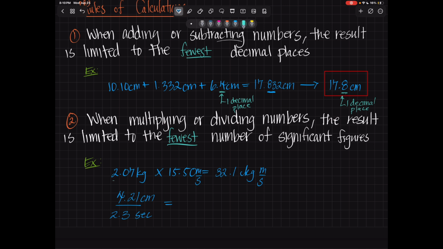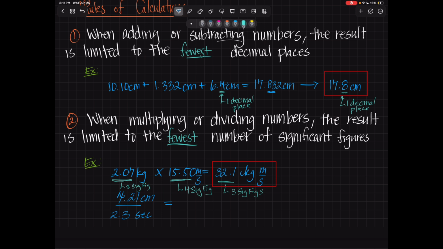As we see, this 2.07 has 3 significant figures, and this is less than the 4 sigfigs from here. So we would go with the 3. So our answer does in fact have 3 sigfigs, so we rounded it to the proper place.